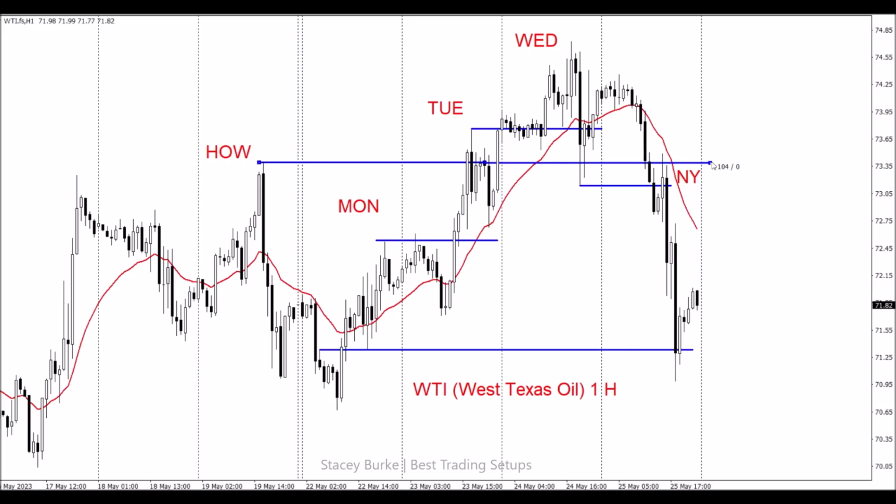The market goes backside Asia. London breaks down. And we get our pump and dump in the New York session. Pump and dump, Monday, Tuesday, Wednesday, a reversal inside on Thursday before the New York session. We break out of the previous week's high. You'll notice a bit of a head and shoulders pattern at the high of the week, but New York opens underneath the high of the week.